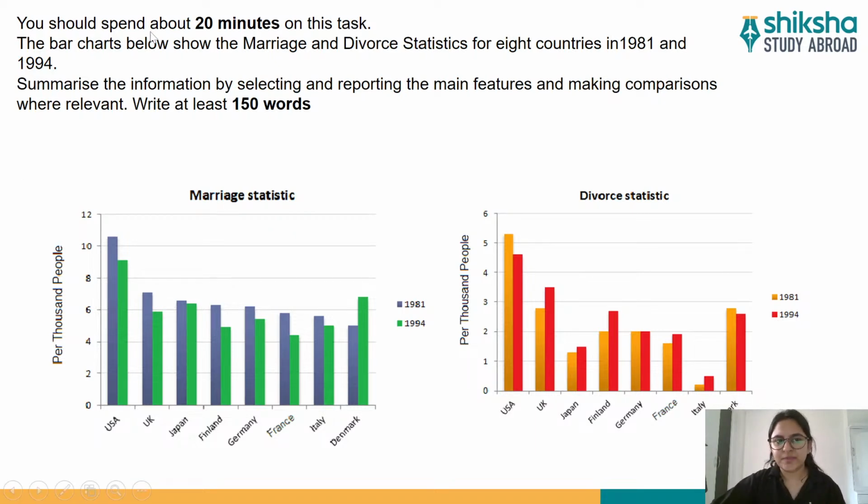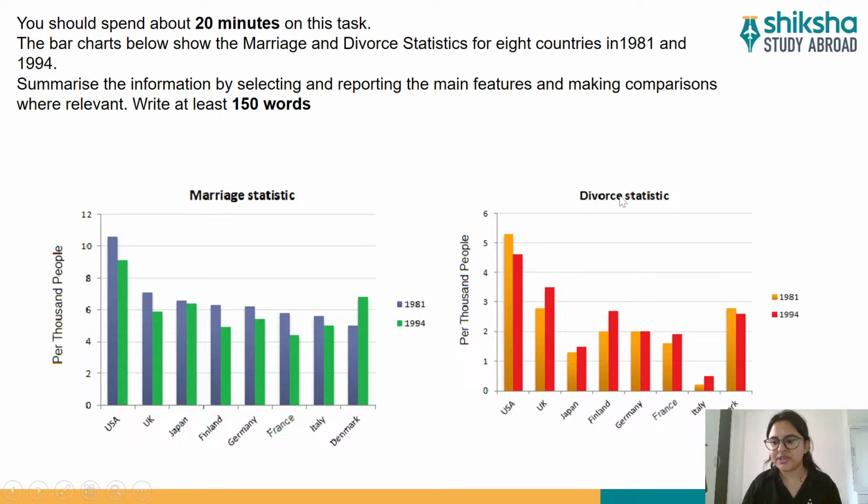The bar charts below show the marriage and divorce statistics for 8 countries in 1981 and 1994. So we are comparing two basic years here. First is 1981 and second is 1994. On the basis of that, both the diagrams have both the years, and we are comparing the marriage statistic and the divorce statistic.